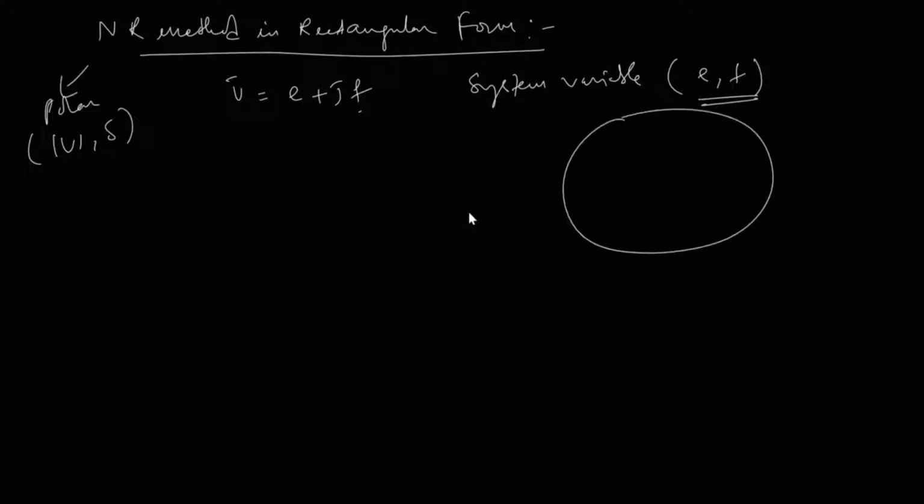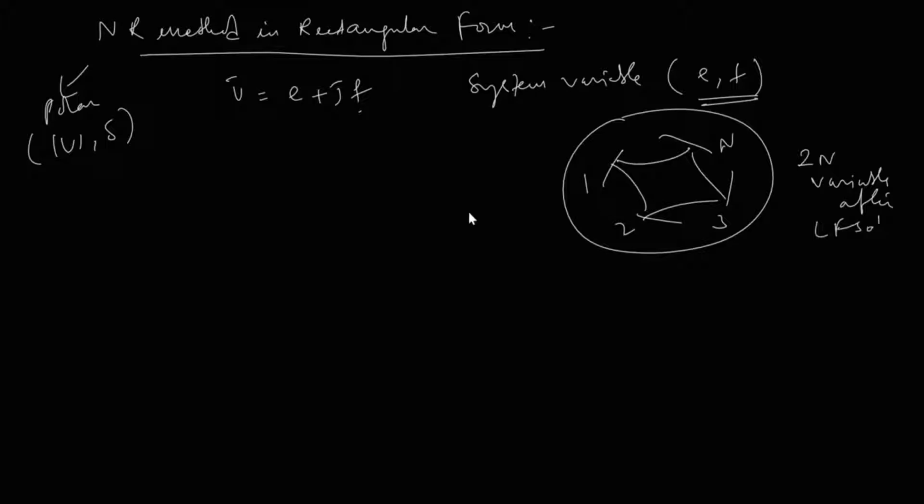So if we have n buses, then we need to find 2n variables after the solution. After the load flow solution, we need to have these 2n variables determined, but depending upon the specified quantities, we will be subtracting those specified quantities from these 2n variables, right?